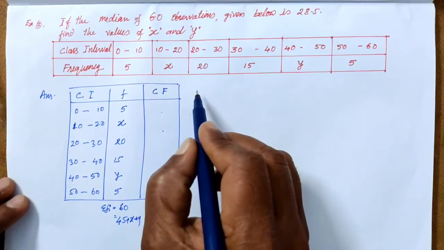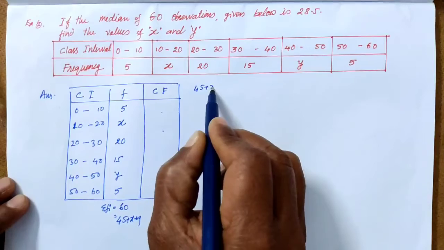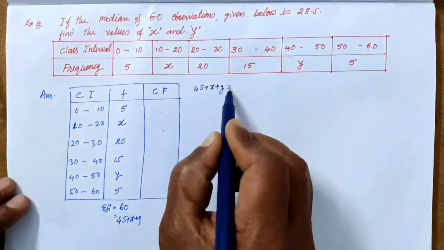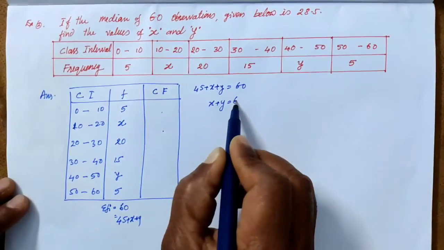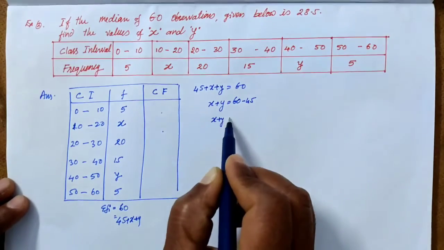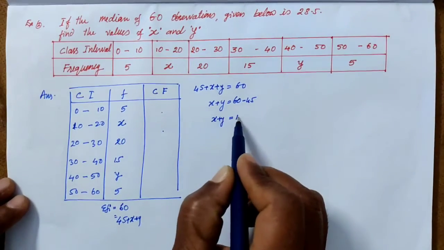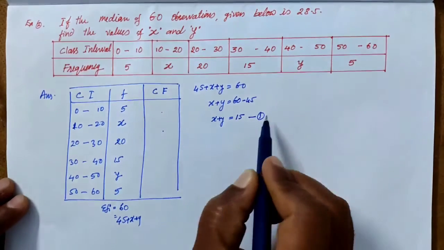From this, 45 plus x plus y is equal to 60. So x plus y is equal to 60 minus 45, which is 15. So x plus y is equal to 15. This is equation 1.